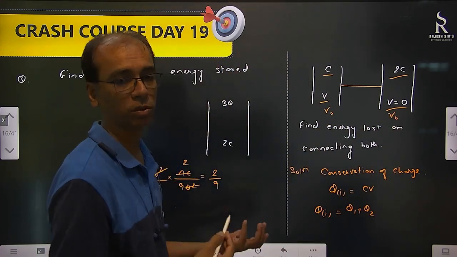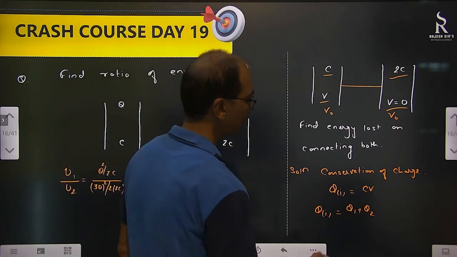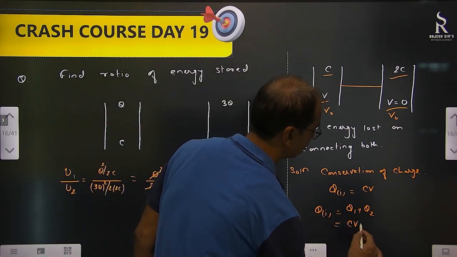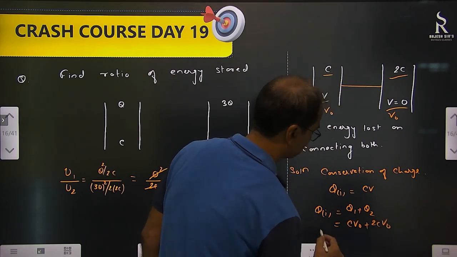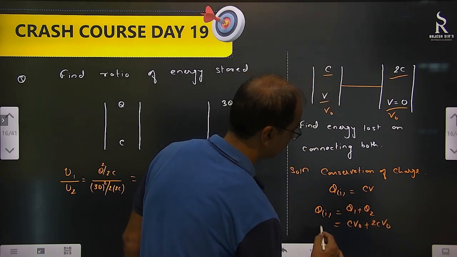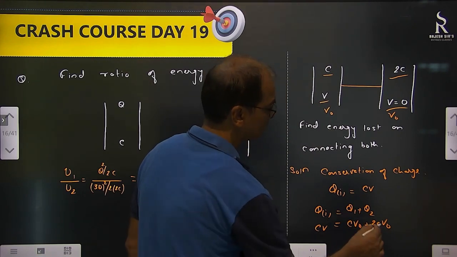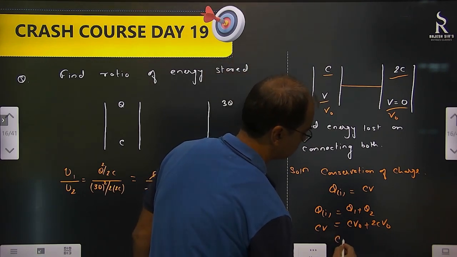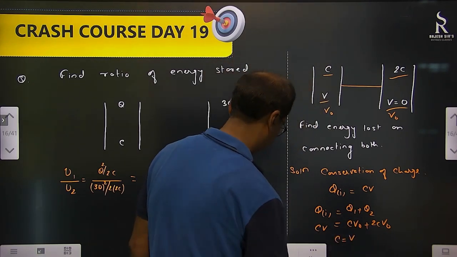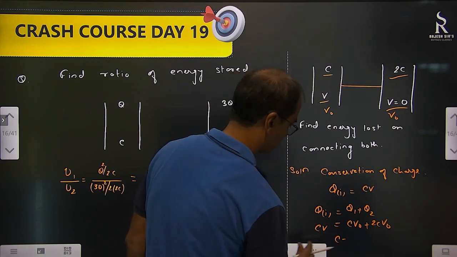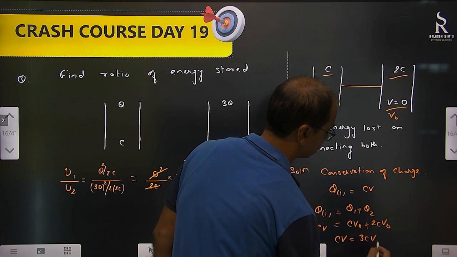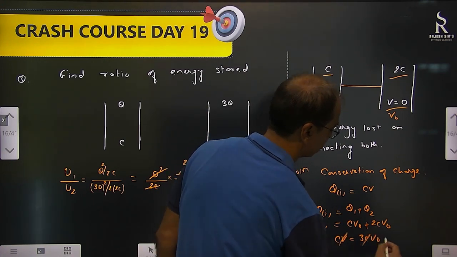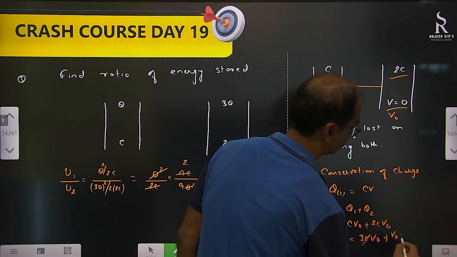So let's say the final potential is V naught. So Q1 will become CV naught here and Q2 will become 2CV naught, equal to Q. Q is what? CV. So this is 3CV naught. CV equals 3CV naught. C cancelled. V naught is equal to V by 3.